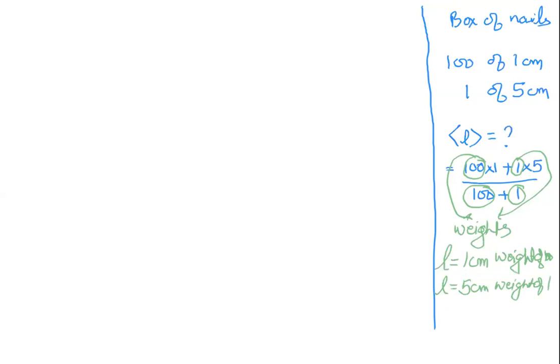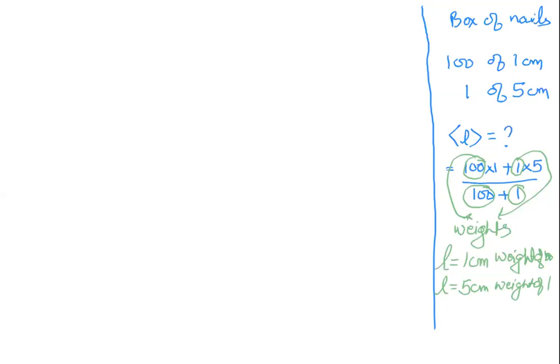Again, please don't confuse. This has got nothing to do with physics. If you say weight of length in physics, the physics teacher will tear his hair out. But here I'm talking about maths, right?